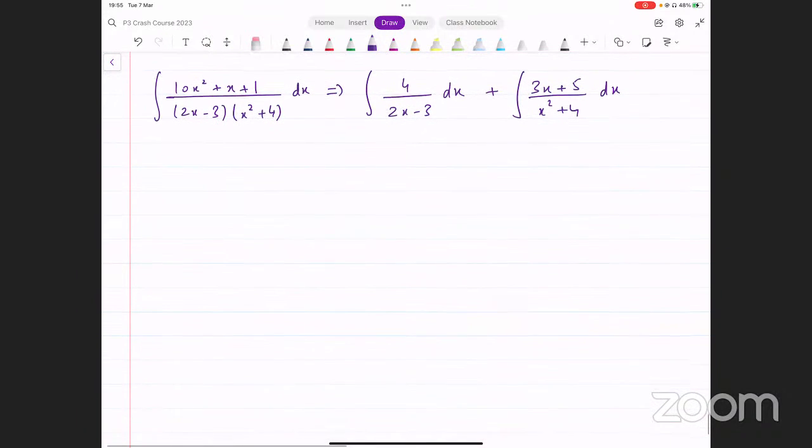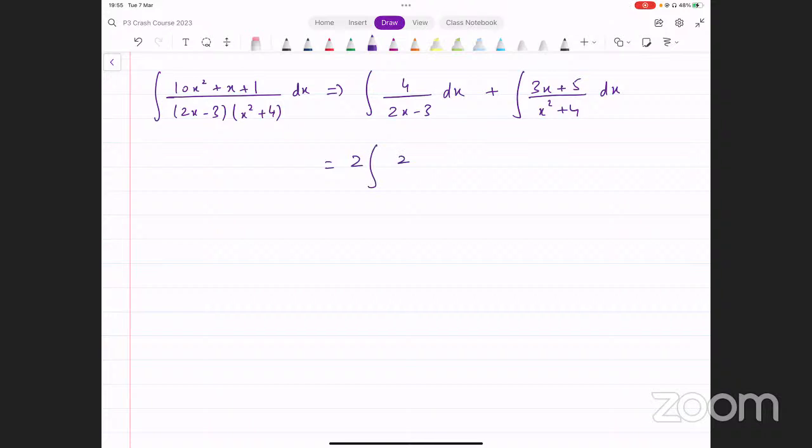Now, let's think about these two fractions. Let's think about the first one. Does the log rule work here? Well, what's the derivative of the denominator? The derivative of 2x minus 3 is 2. So you want 2 in the numerator to be able to use the log rule. Can we have 2 in the numerator? We can take 2 common outside.